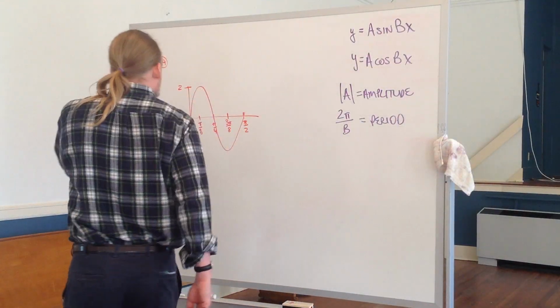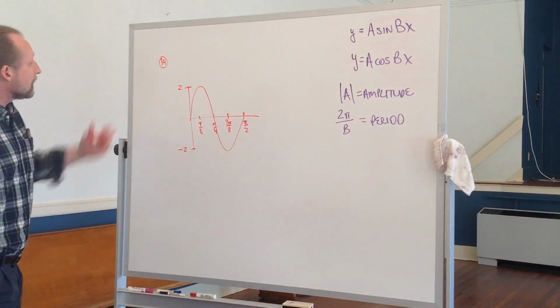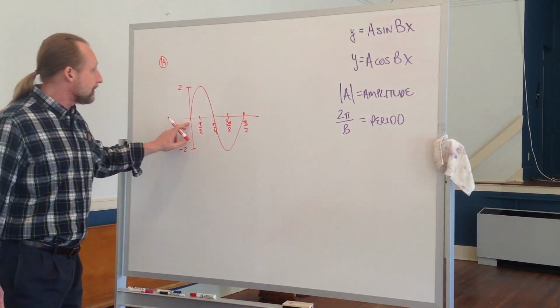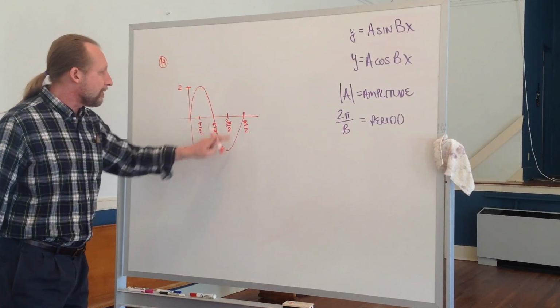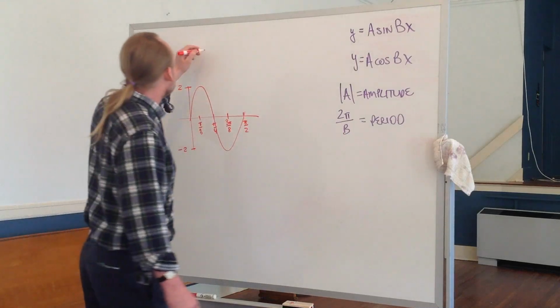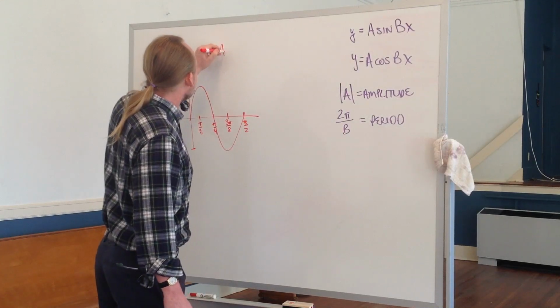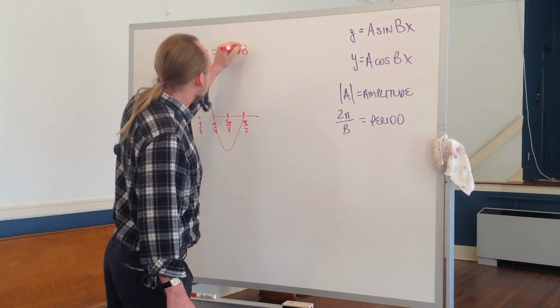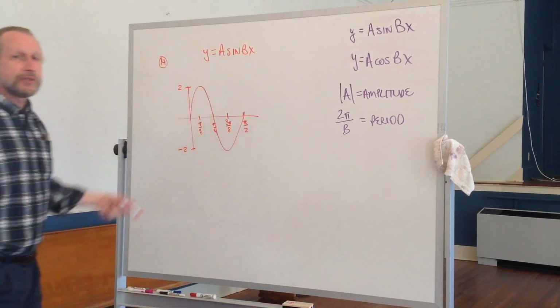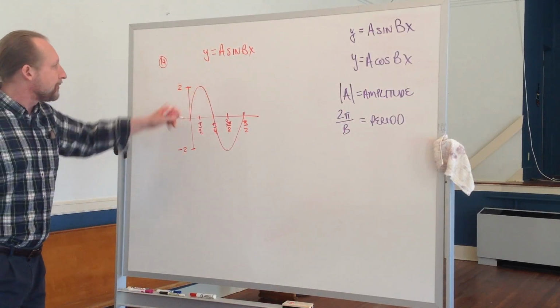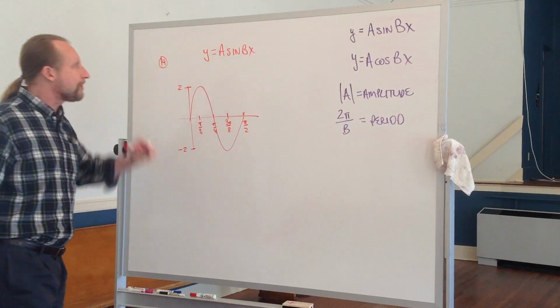Well, let's see here. So, we know that this is a sine curve because it starts at 0, goes up to maximum, 0, minimum, 0. All right? So y equals a sine bx. Well, the a is going to be 2, right? It's an amplitude of positive 2 because it goes up first.